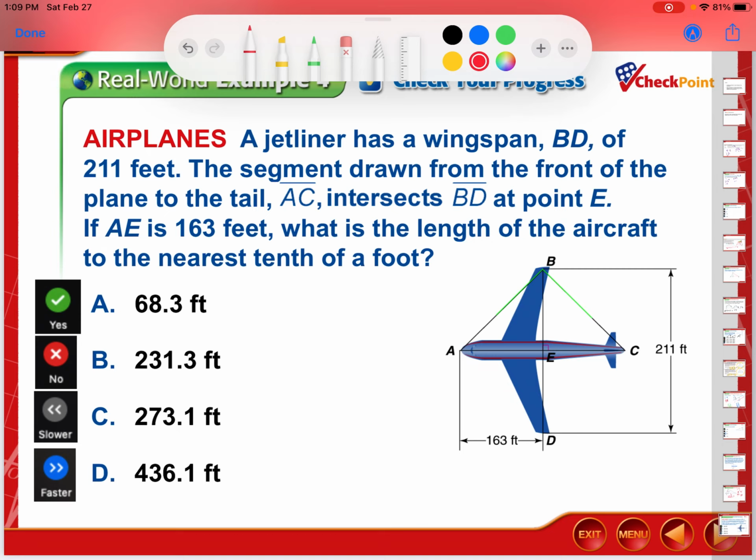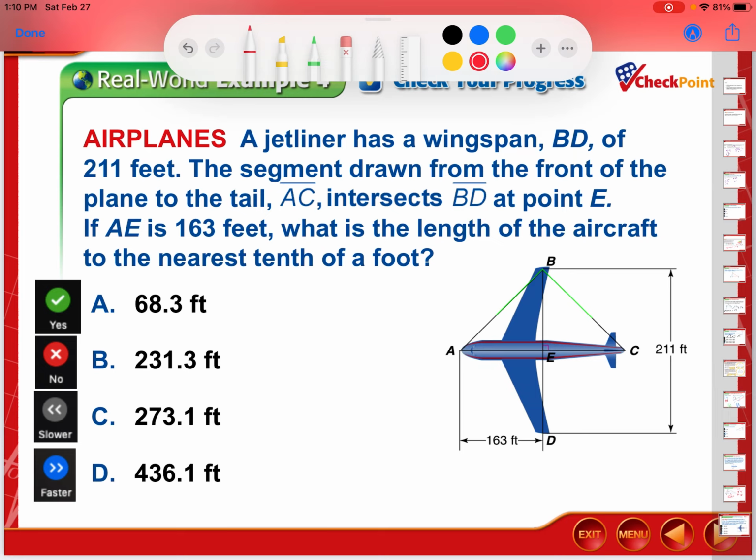All right. Now we have this one that you could give a try if you were so inclined. What is the length of the aircraft to the nearest tenth of a foot? So the length of the aircraft, which would be, so a jetliner has a wingspan BD of 211 feet.